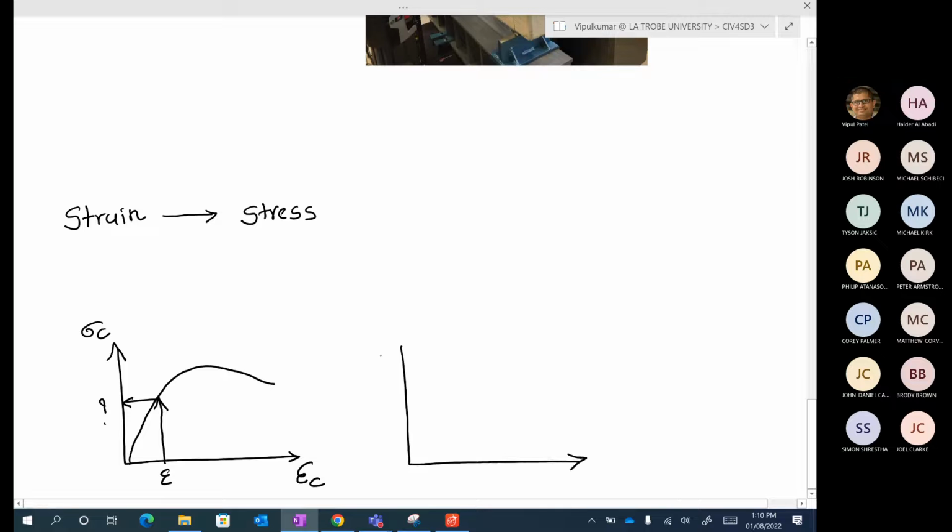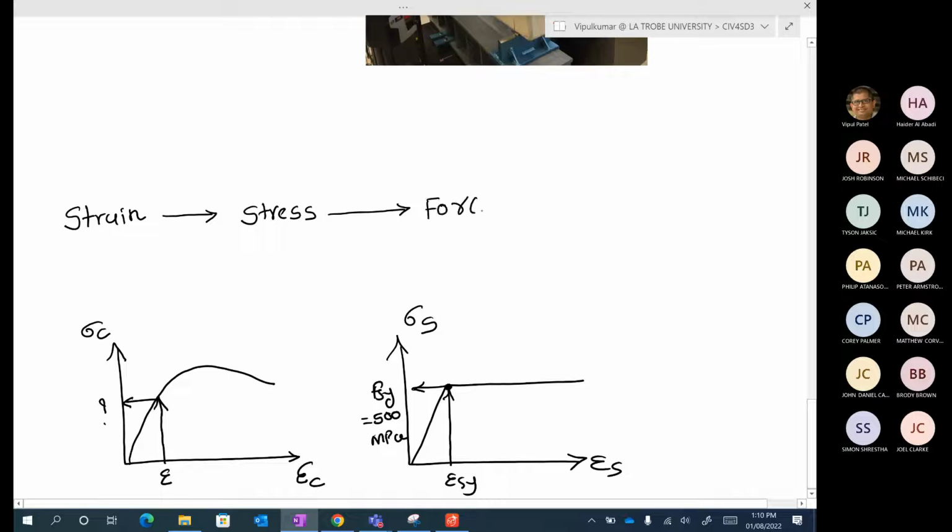Similarly for steel, we generally use the yield, so you can have a yield strain. So you can take the fsy, which is generally 500 megapascal for steel. So for steel it is easy, but for concrete we can calculate that. So once you know the stress, you can calculate the force in the steel and the concrete. How do we do it?